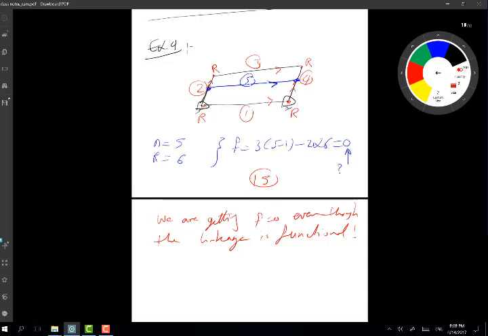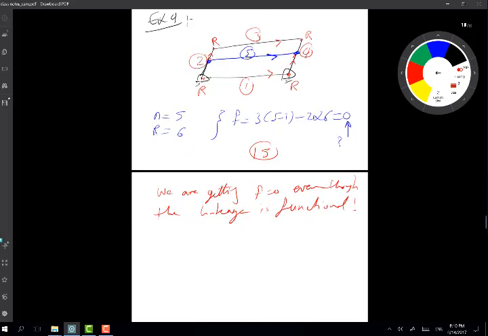So the number we get from the degree of freedom calculation is more of a wake-up call. It makes you think about what is happening here. I get a number that I don't expect, then I need to think about it and make the right decision.